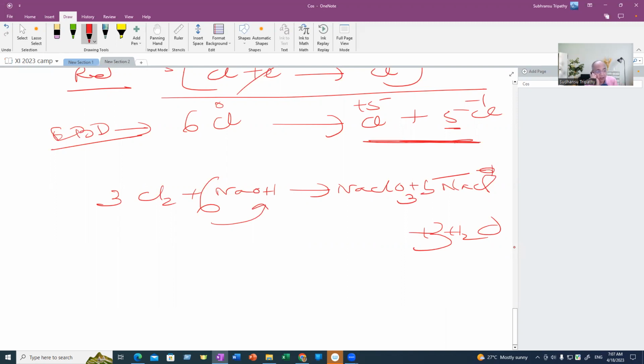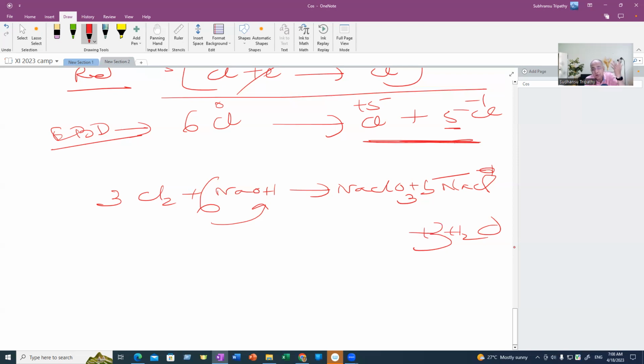So by the hit and trial method, you should never try to balance this. Well, this is such a simple equation that once you do it, you remember the coefficients, then you can use your memory to put the coefficients and then check. But if you have not memorized, I never recommend unintelligently memorizing things.